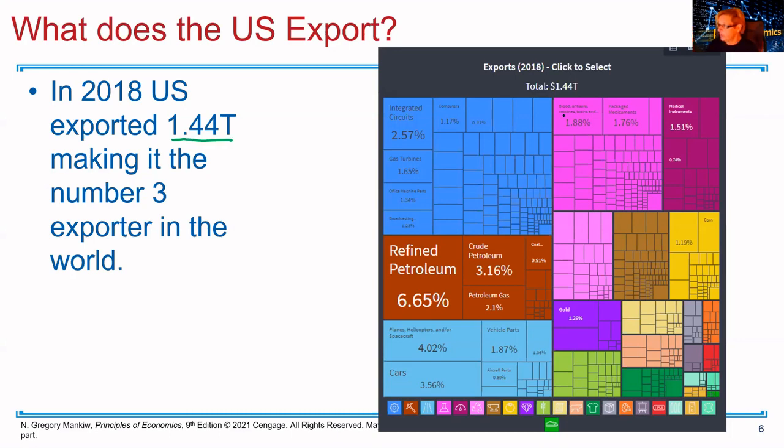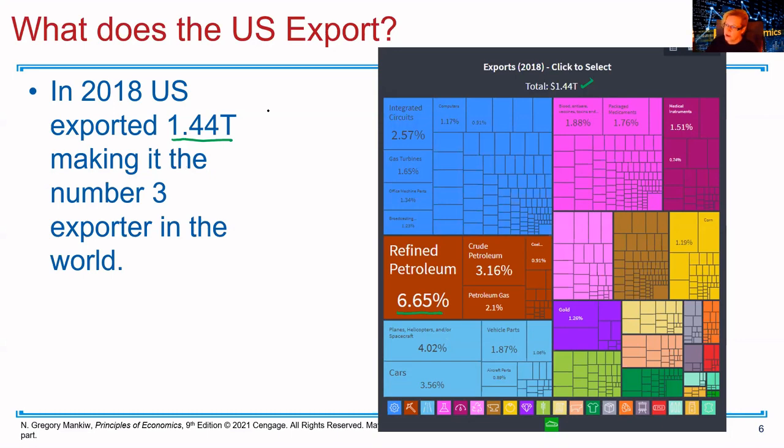What's really nice, if you go into the actual website, you can click on these smaller categories and know exactly what they are and what percentages they make up of that particular industry. As you can see, refined petroleum, because it's the biggest one up here, is our number 1 product export, followed by crude petroleum, planes, helicopters, spacecraft, those kinds of things.